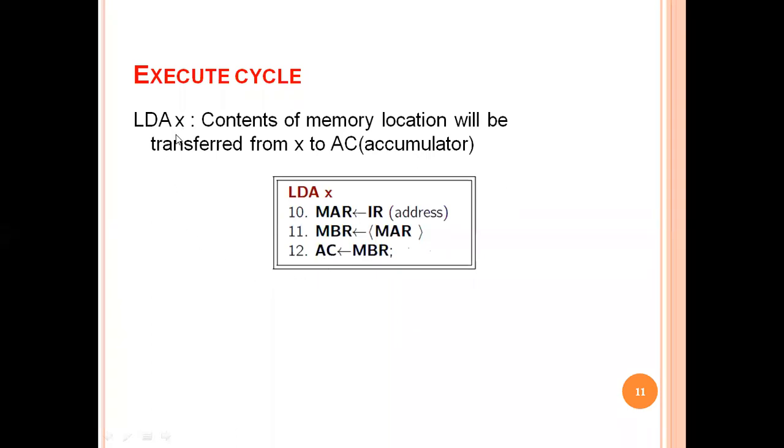So see, the instruction LDA X means the data from the address location X will be stored to the accumulator AC. That means the memory data from the memory buffer register will be transferred to the accumulator. So execution is complete for LDA X. Clear?